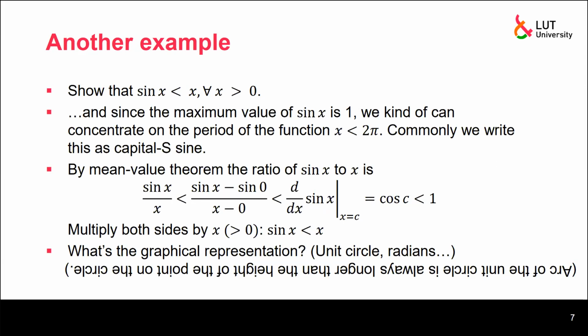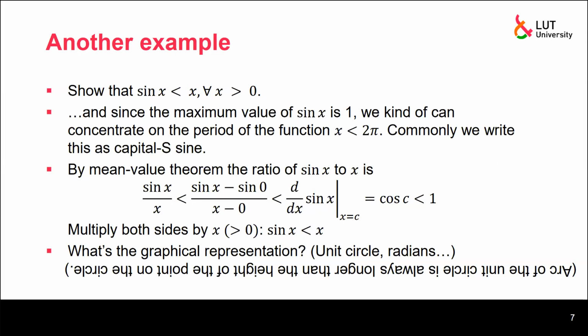It ends up being cosine c that caps what this difference quotient could be, and since cosine c is always smaller than 1, then we can follow through the inequality signs. It must be that the ratio is smaller than 1.